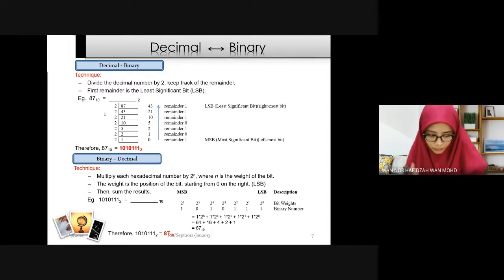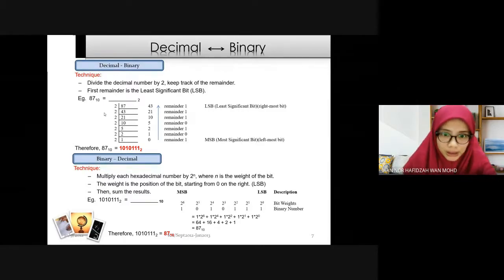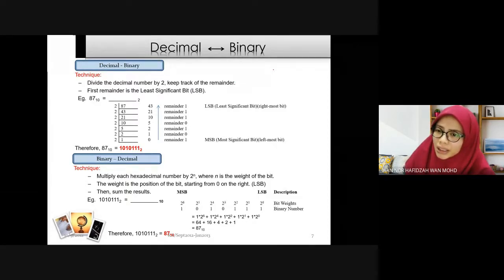Kalau kita kata macam sekolah rendah punya cara, kan? So we do this way lah. For example, I have 9, 9 base 10, and I want to convert into binary.